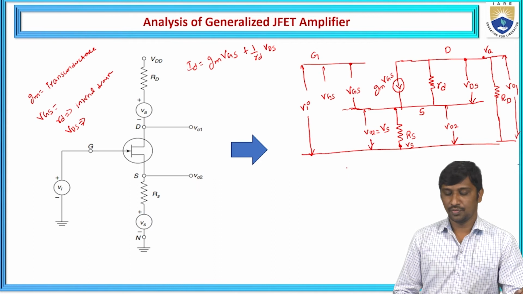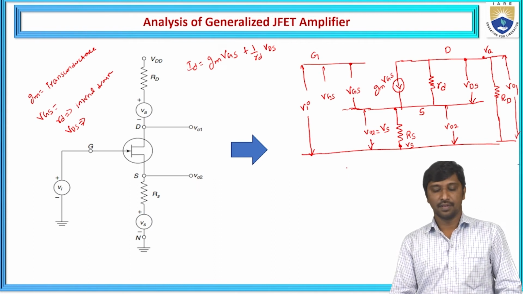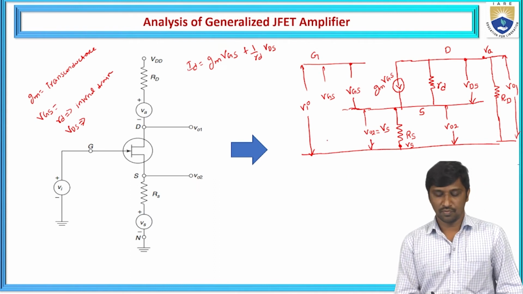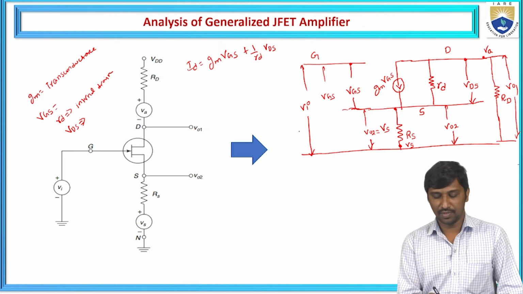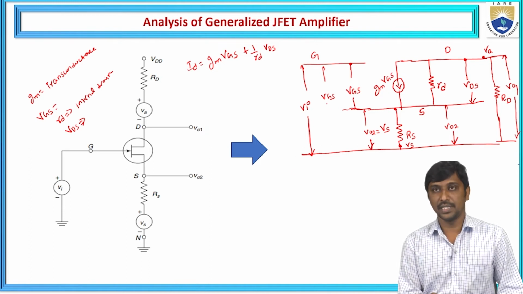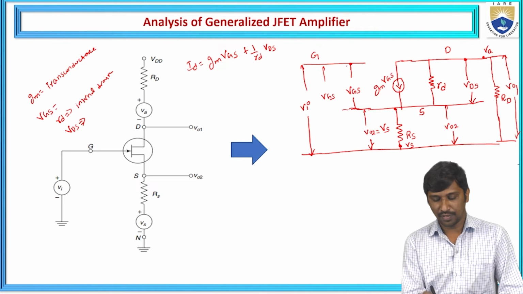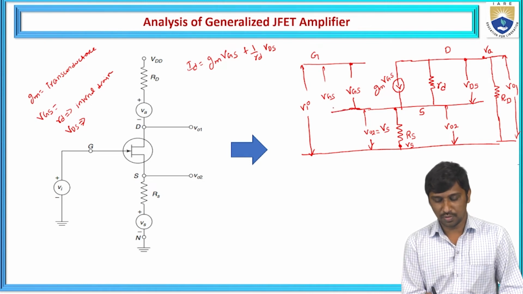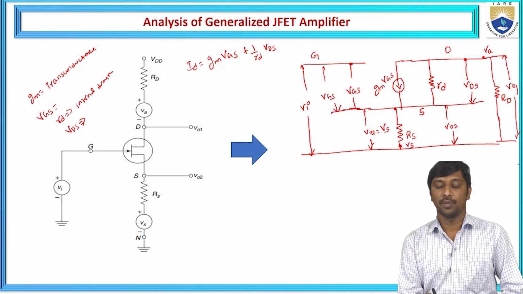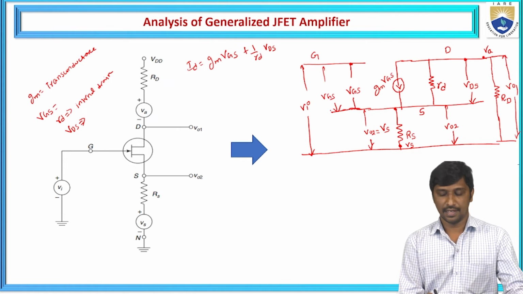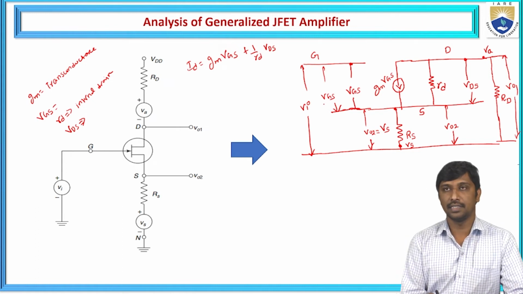If you observe this circuit, Vi is equal to VGS, meaning from this node to this node, the potential difference between gate and source is VGS.